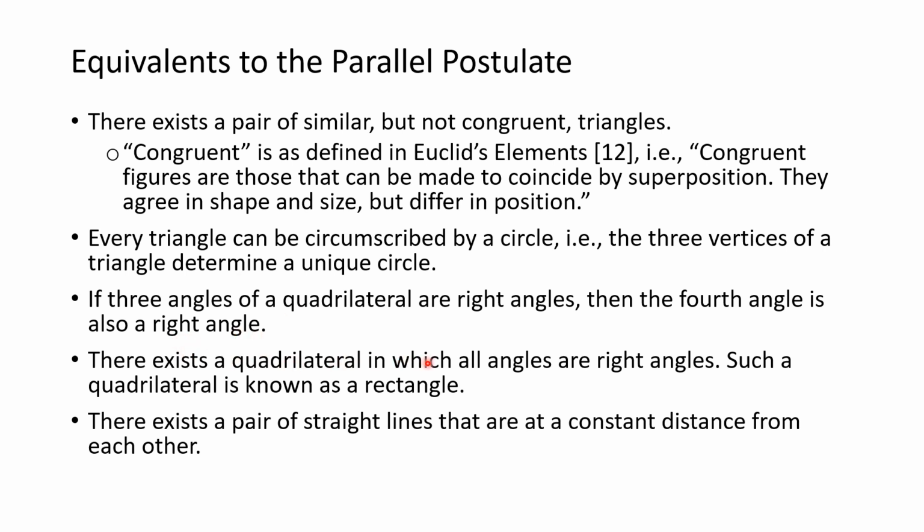There exists a quadrilateral in which all angles are right angles. Such a quadrilateral is known as a rectangle, and a square would be a special case. And then the last one on this slide: there exists a pair of straight lines that are at a constant distance from each other, basically parallel lines.